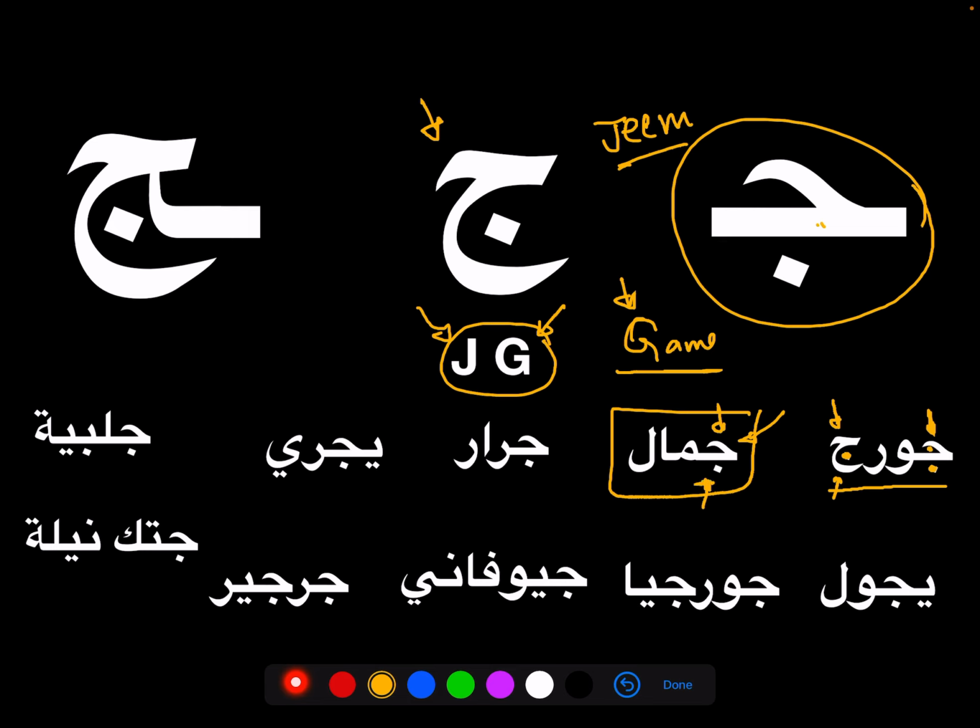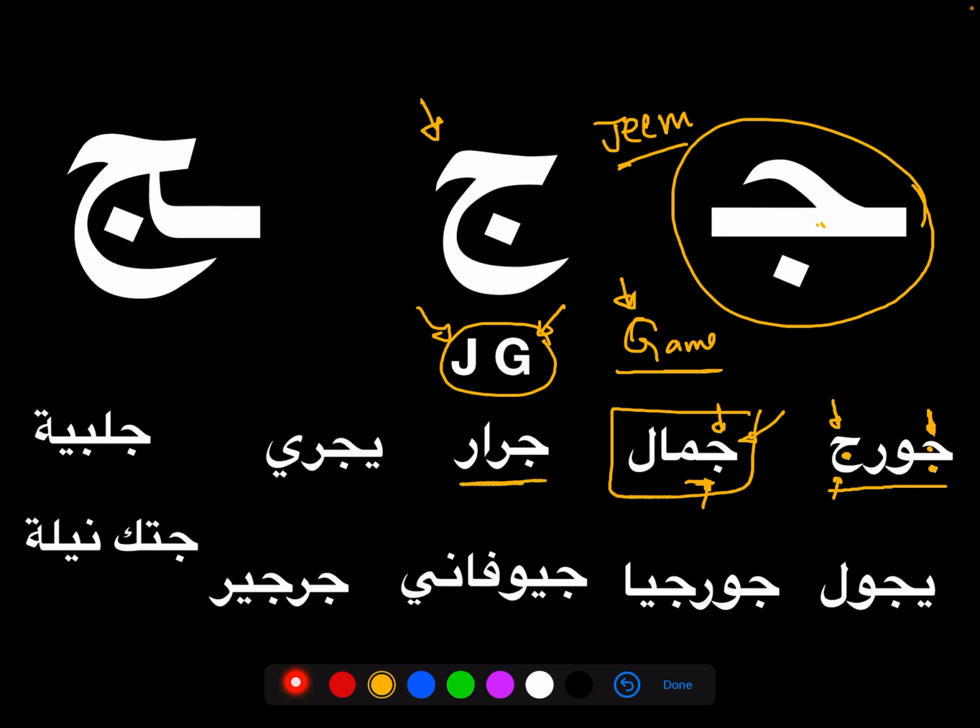The second word is Jamal, beauty, and sometimes it's the name of a man, Jamal, and it has two different meanings depending on how it's pronounced. It will give you a different meaning, like Jamal, meaning the person who trains camels, and Jamal, beauty, and sometimes Jamal, a man's name.